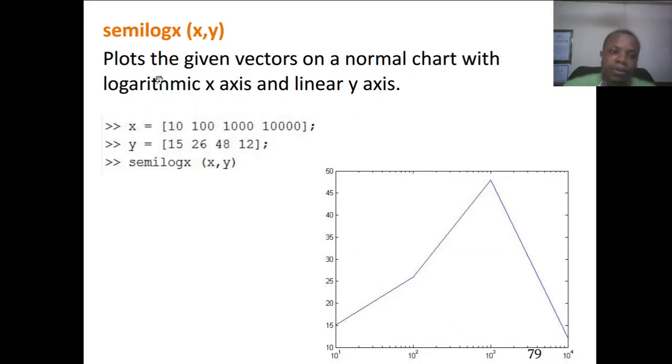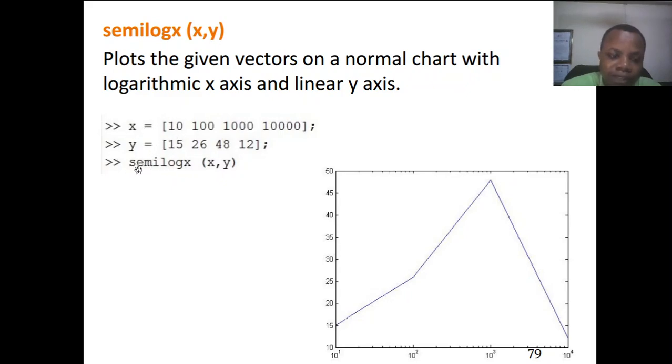We could also do our semi-log plots. Once we use semilogx, it means that the x-axis will be transformed using the log. In this case we have these two vectors, x and y.